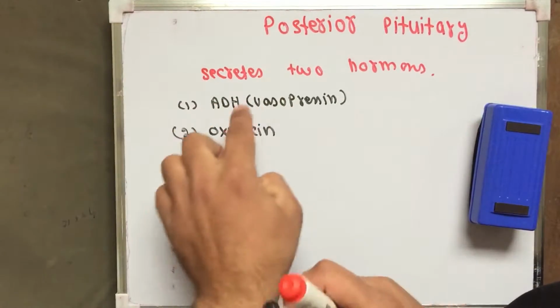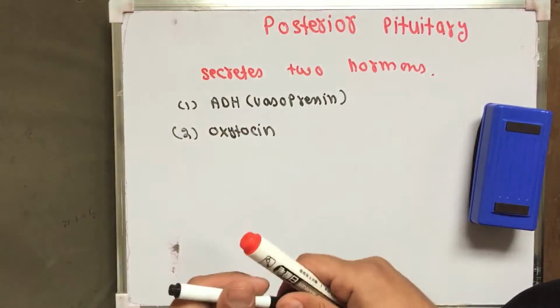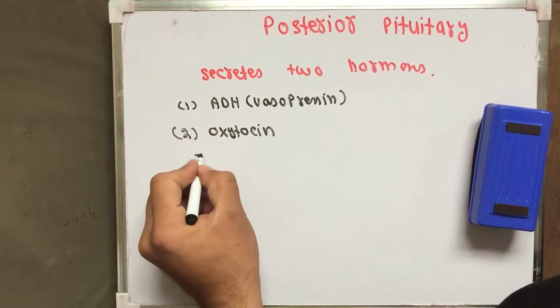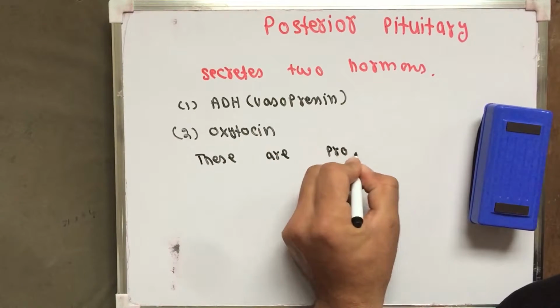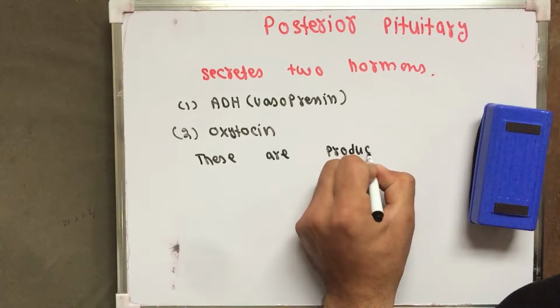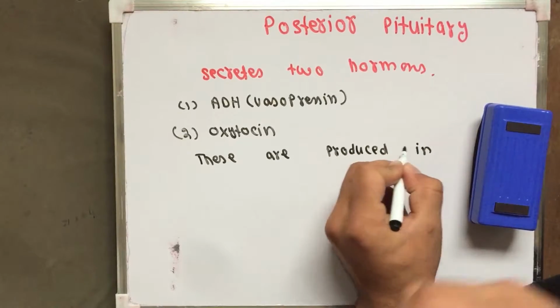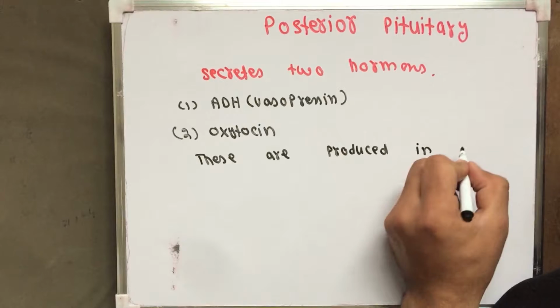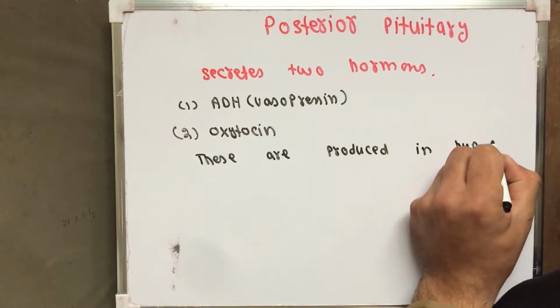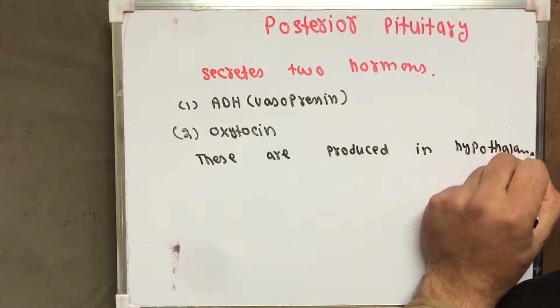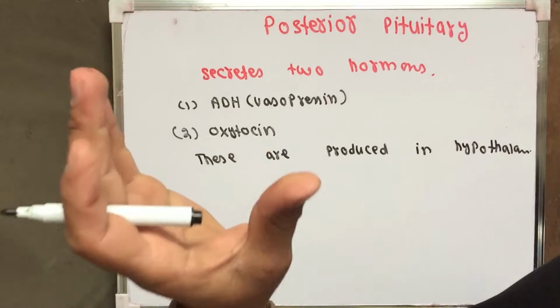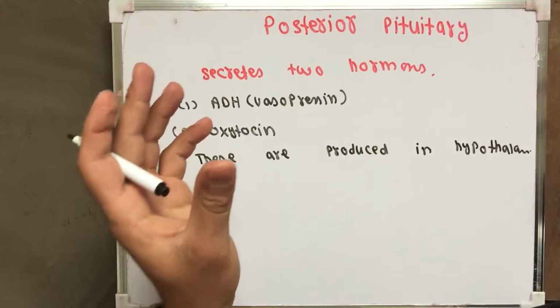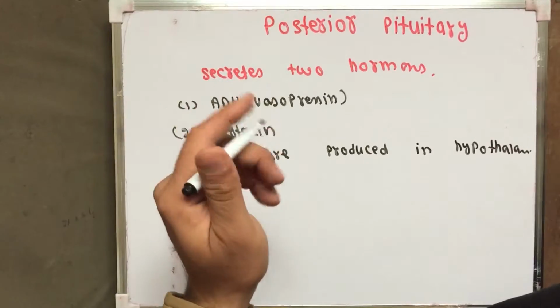So actually these two hormones are produced in the hypothalamus. These two hormones are secreted by posterior pituitary, but they are produced by the hypothalamus.